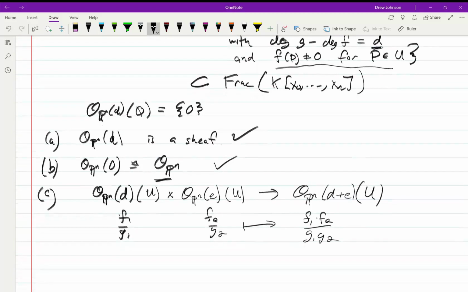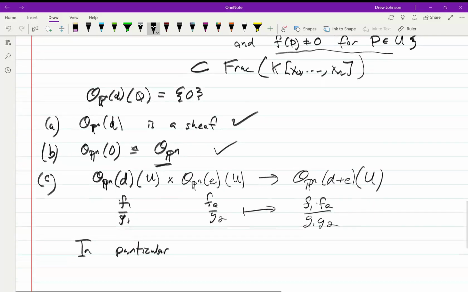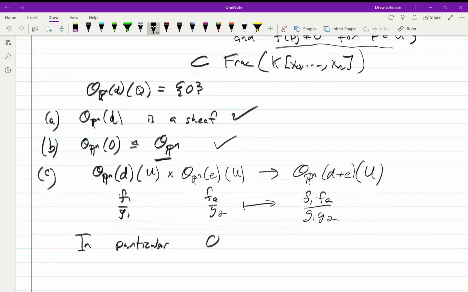In particular, when D equals 0, O_{Pn}(E) is an O_{Pn}-module.